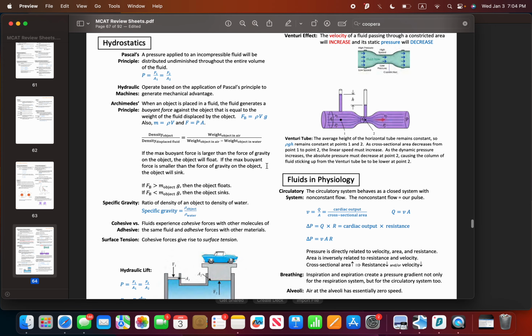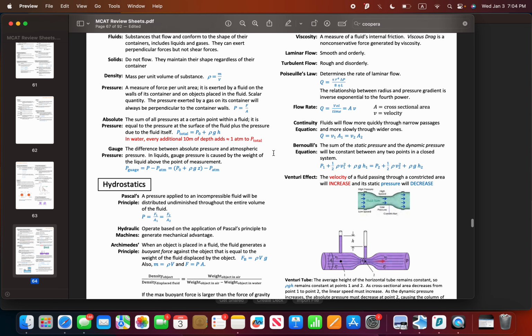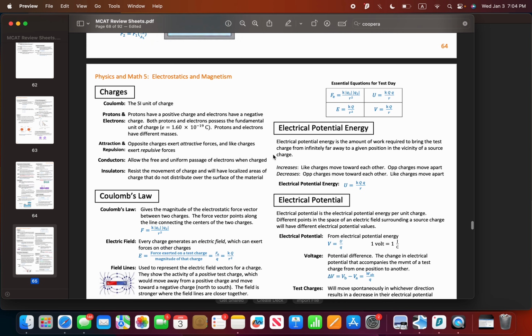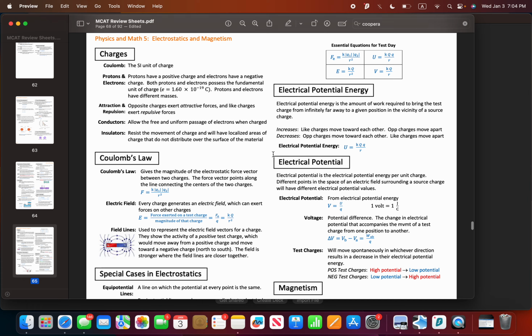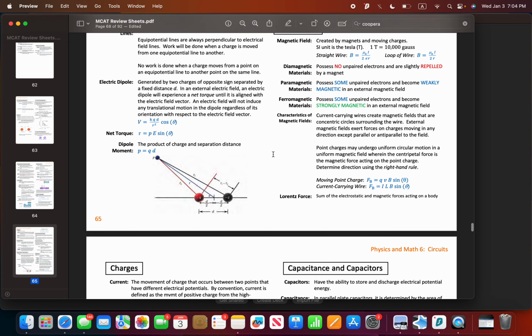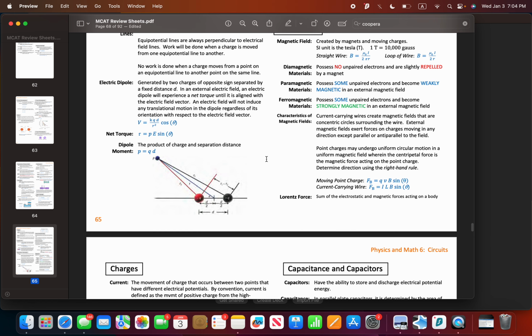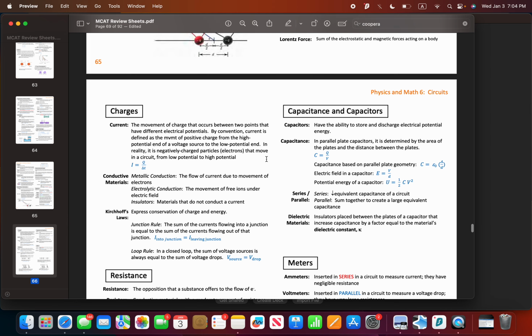Fluids can be very close and connected to the cardiovascular system. We have electrostatics and magnetism. These can also be intertwined with the biology sections by the writers of the MCAT.